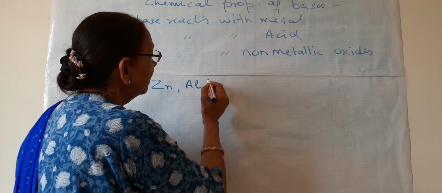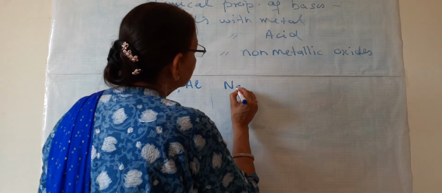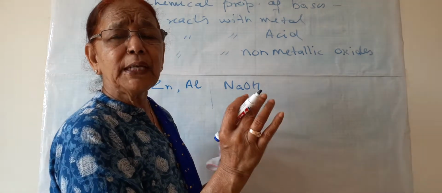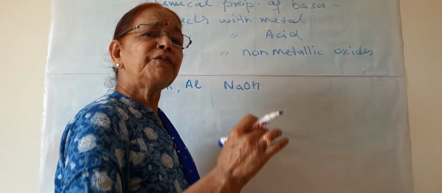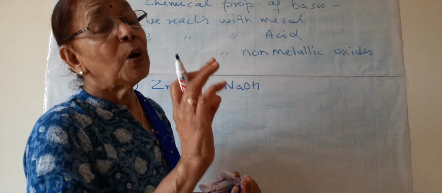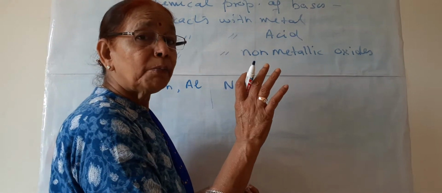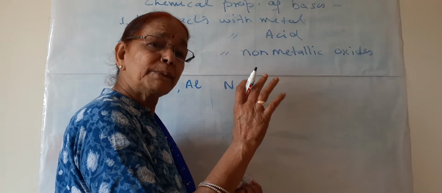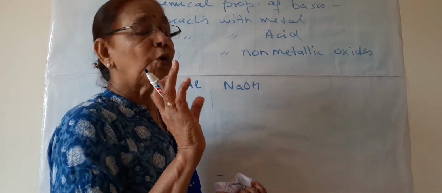So I am writing the equation. Suppose we take this alkali or base. Now you know the difference between alkali and base. The bases which dissolve in water are alkalis. It means all the alkalis are bases, but all the bases are not alkalis, because all the bases cannot dissolve in water.